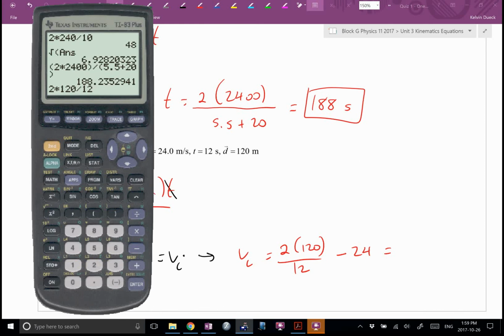My calculator, if I now go minus 24, knows those are separate expressions. On some of your crappier calculators, you might have to hit equals here and then do that. You get -4? Well, all that means is, I guess I started out going in which direction? Backwards. I was in reverse, going at -4 meters per second.